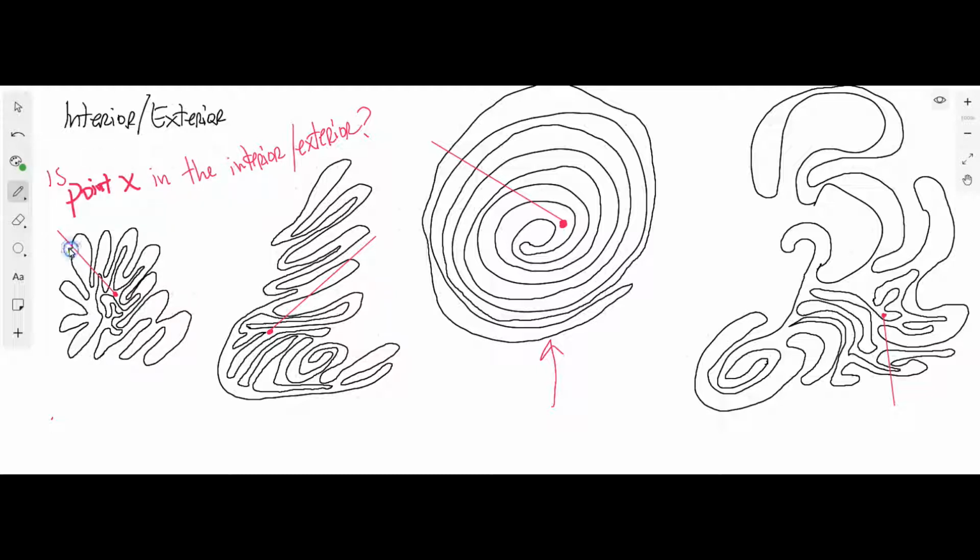Hopefully that's bright enough. 1, 2, 3, 4, 5, 6. So this one crosses through 6 edges. This one, 1, 2, 3, 4. You might not be able to see those, but those are teeny tiny. 5, 6.